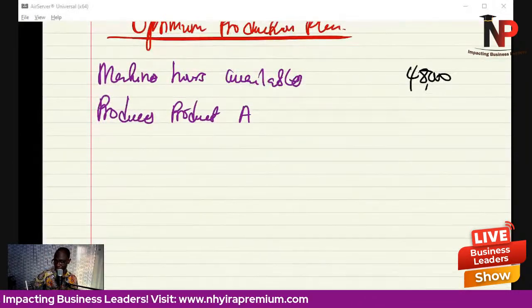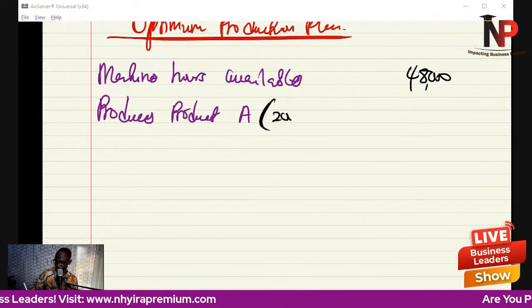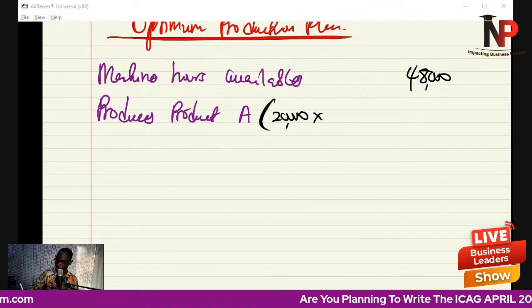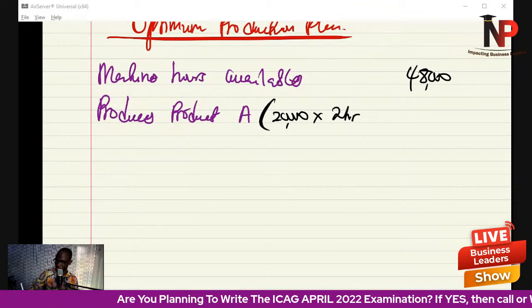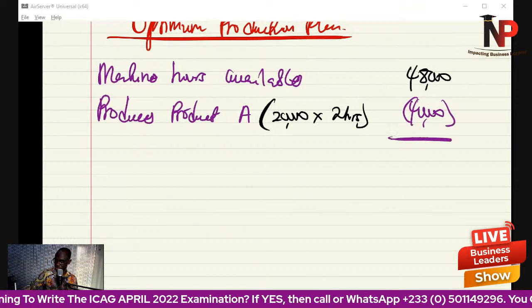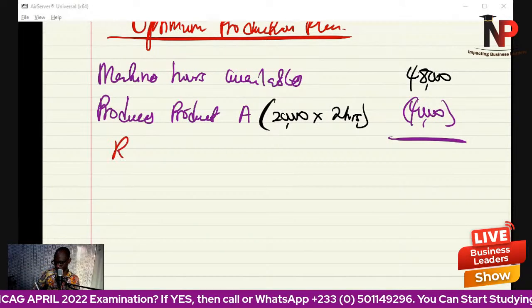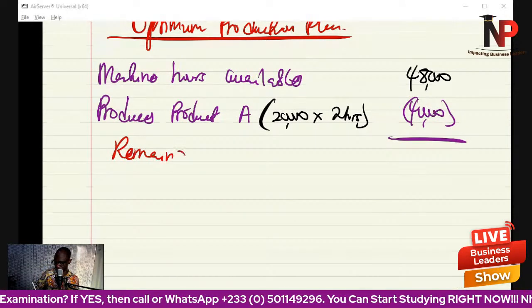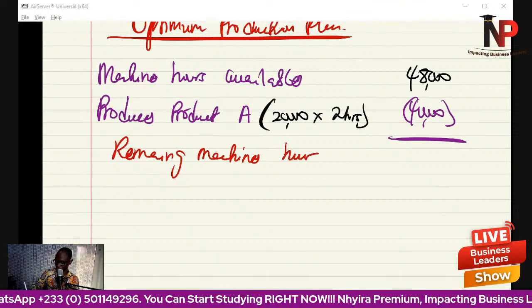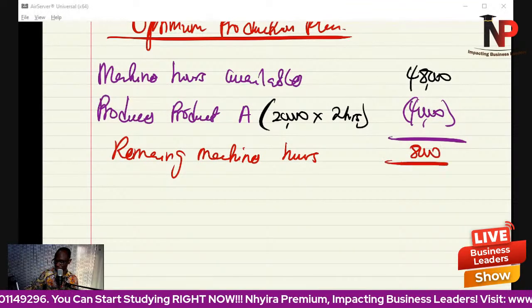So if we make A, we are making 20,000 of A, but A needs 2 hours. And so that's going to be 40,000. Take it out. And we get the remaining hours, and that's 8,000.